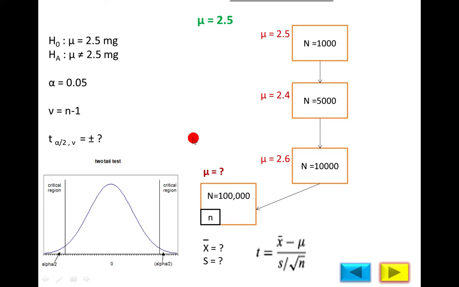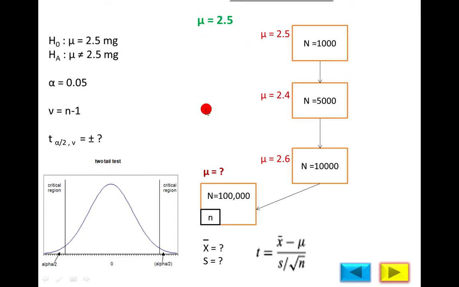Testing of hypothesis for variance, we will study the confidence interval for variance, and so on. So I think you will understand what the testing of hypothesis is and what its purpose is. With the help of sampling data, we test the characteristic of the parameter value or standard value or given value.